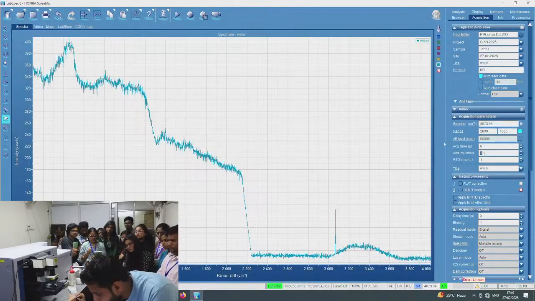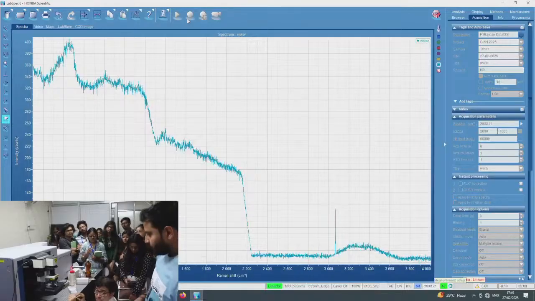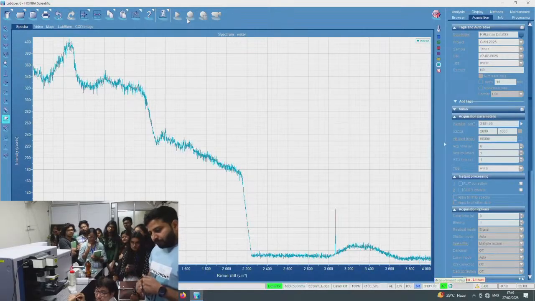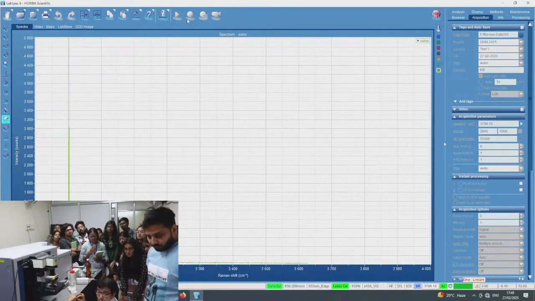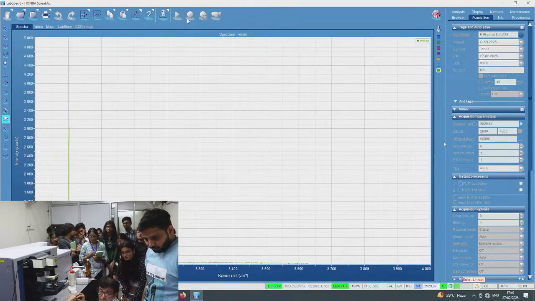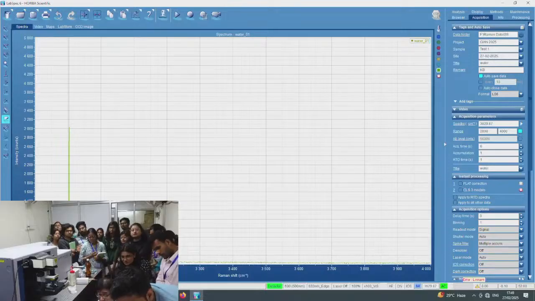Accumulation 1. Yes. You see now the result is dominated by a sharp spike.